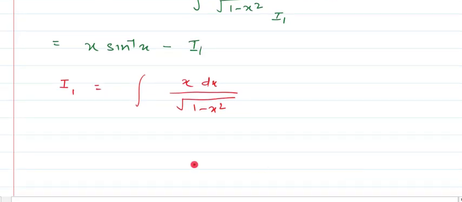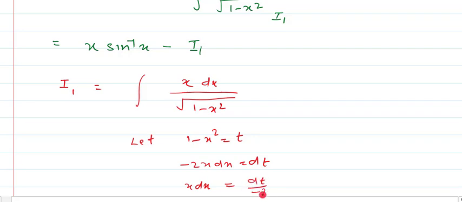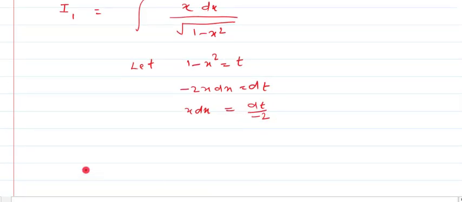So as you have already done, let 1 minus x square be equal to t. So minus 2x dx is equal to dt, and from here you can easily calculate the value of x dx, which is dt upon minus 2. Now I1 is equal to minus 1 upon 2, being constant, let us take it out, dt upon square root of t.